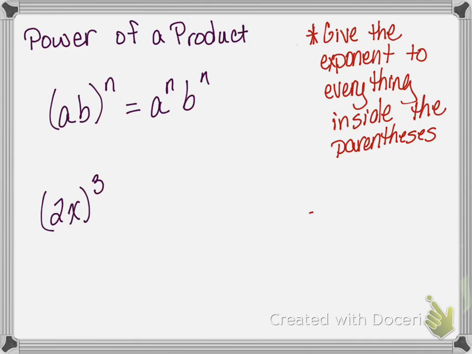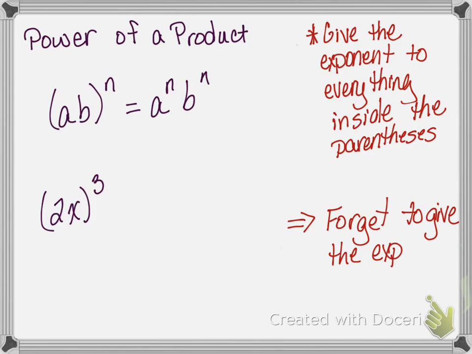Okay, now, a mistake that students often make is they forget to give the exponent to the number. I don't know why we forget, but we do. We forget to give the exponent to the number.